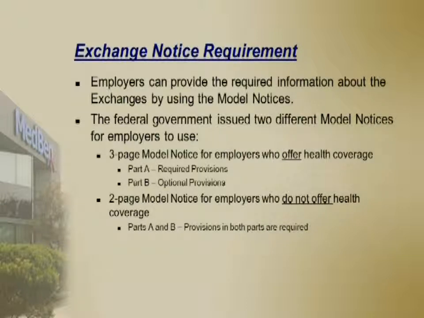In fact, we aren't even really seeing a lot of commercials on TV or public service ads about the exchange. It is this model notice that is really the fundamental way that information is supposed to be disseminated about the existence of the exchange. And that's why the notice has to go to every single employee, including those who aren't even eligible for your coverage. You have to get it to all your employees, part-time, full-time, temporary, permanent. Anybody that you consider an employee has to get the notice.